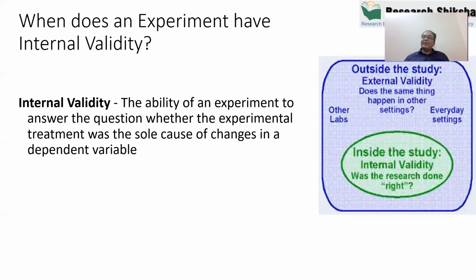Whether they are getting the same result or not. External validity means if other researchers are conducting the same experiment and getting the same result, then this is called external validity.